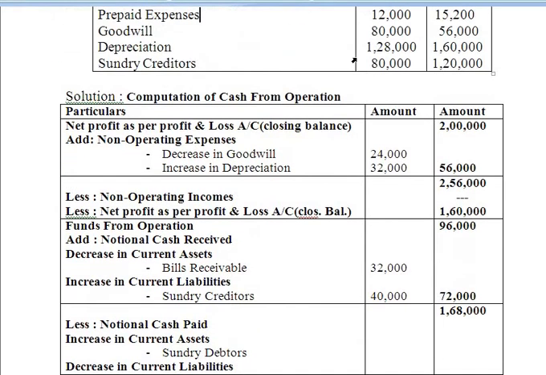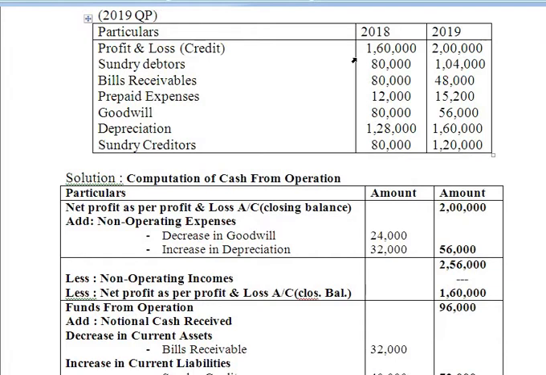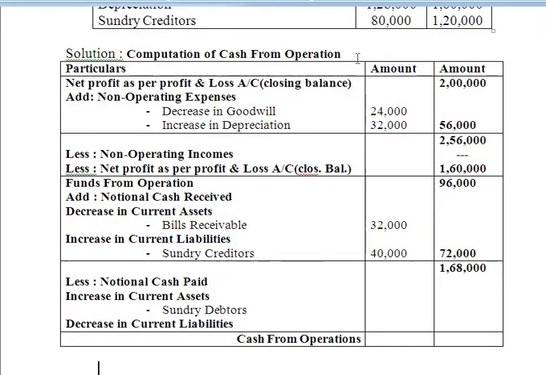Check over here, the amount goes from 80,000 to 1,04,000. So how much? 24,000. Sundry debtors is 24,000. It is notional cash paid, because the amount of stock decreases and the amount of sundry debtors increases. So that is why it is considered as notional cash paid.